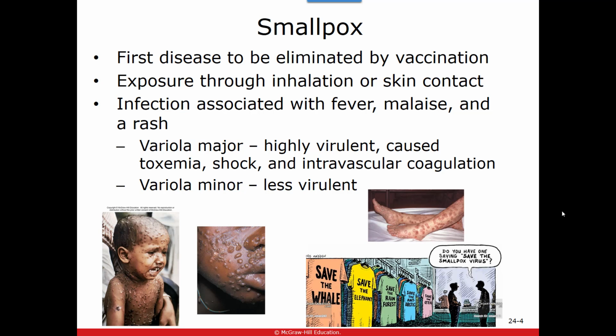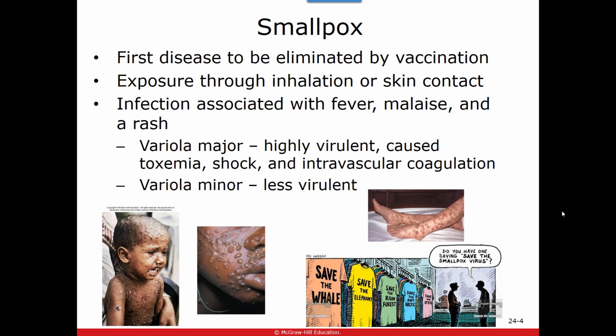Before we eliminated it, individuals picked it up either through inhalation or skin contact. So they either breathed in very close contact with someone or touched infected tissue. Only two ways to pick it up. People that picked up smallpox usually had a really high fever of 105, 106 or more, malaise, a rash, and there were two strains, variola major and variola minor.